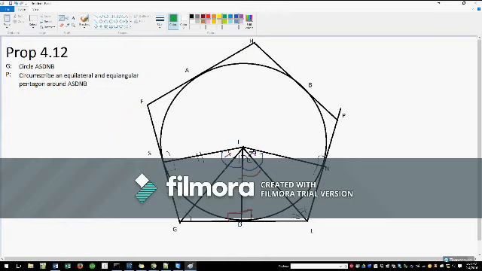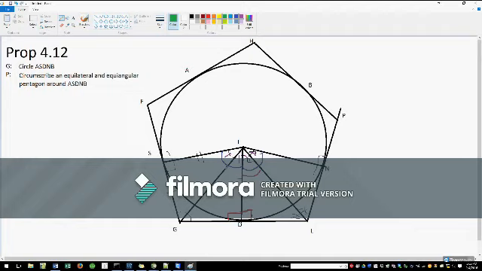Rather, just calmly say, since the angle GTD is equal to the angle DTL, something like that, is a lot more helpful than flicking the mouse along tracing the triangle.